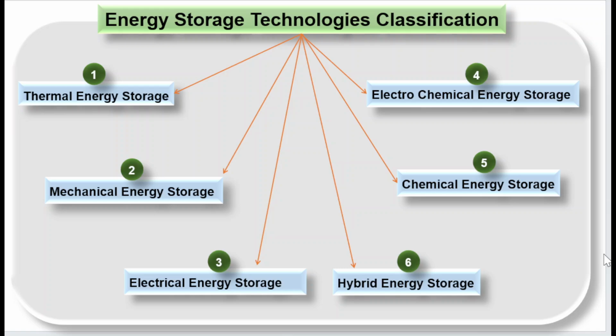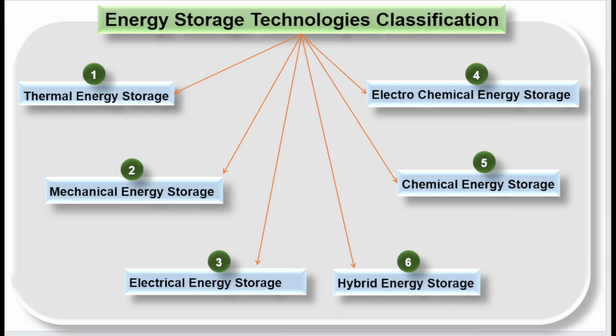The various energy storage technologies have been broadly classified into six categories. There can be more categories; it is just a broad classification. So we have thermal energy storage, mechanical energy storage, electrical energy storage, then electrochemical energy storage, chemical energy storage, and hybrid energy storage.